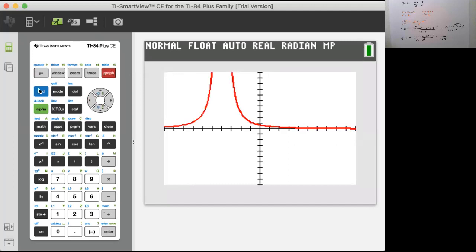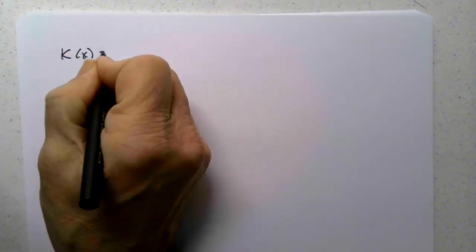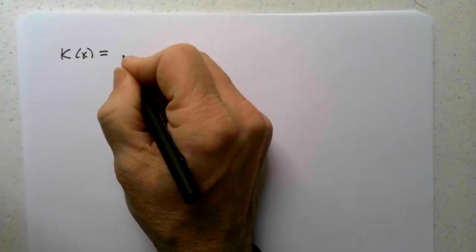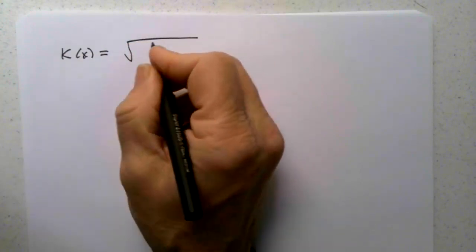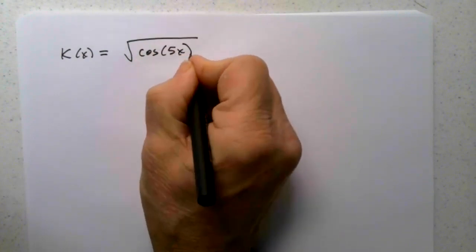All right, let's do one more, this time using a chain rule kind of thing. So this time, we will let k of x equal the square root of cosine 5x.